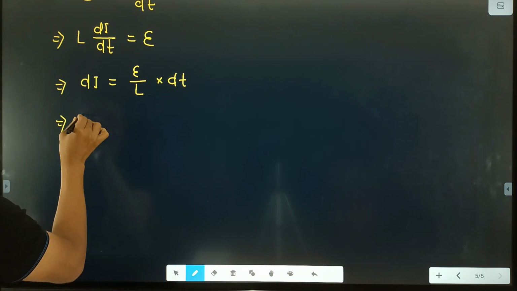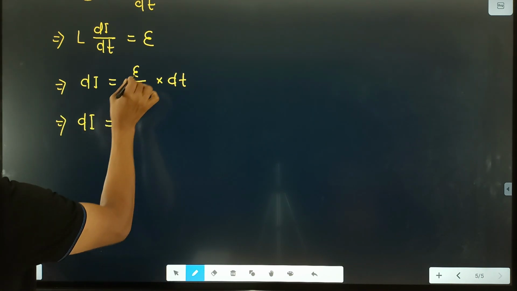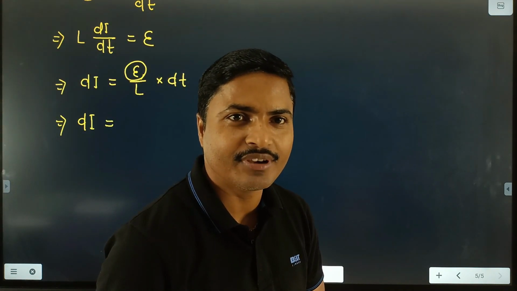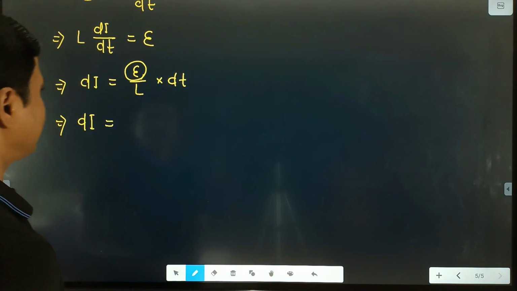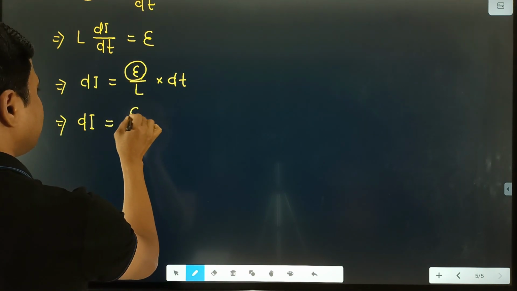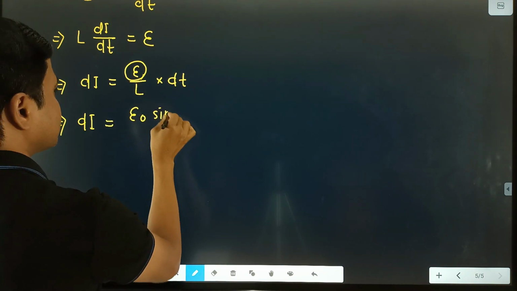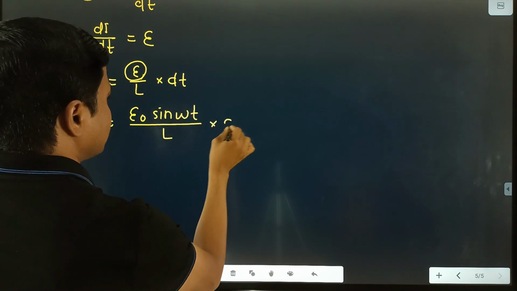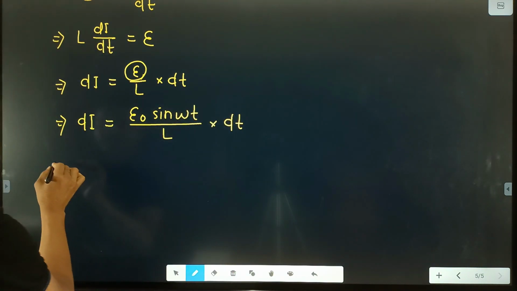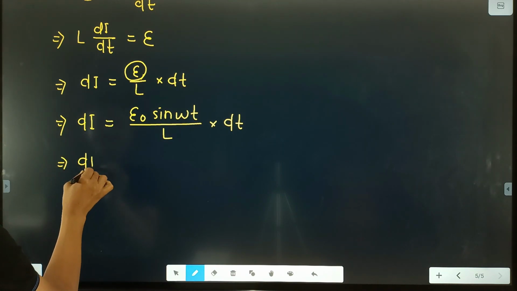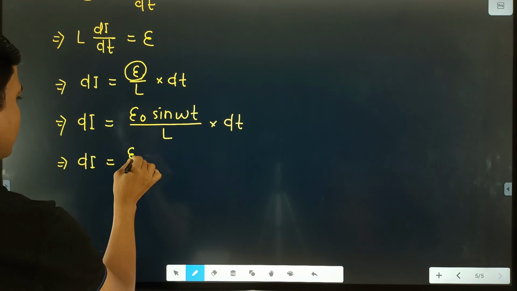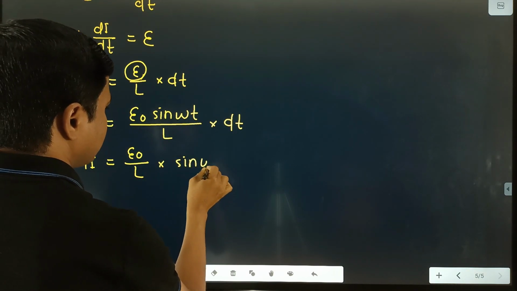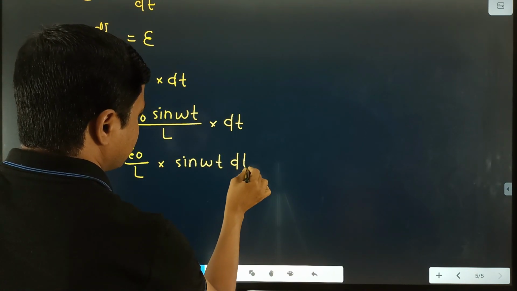What is E? This is the applied alternating EMF, and you know the equation for it. In place of E, we write E0 sin omega t divided by L multiplied by dt. That implies di is equal to E0 by L multiplied by sin omega t dt.